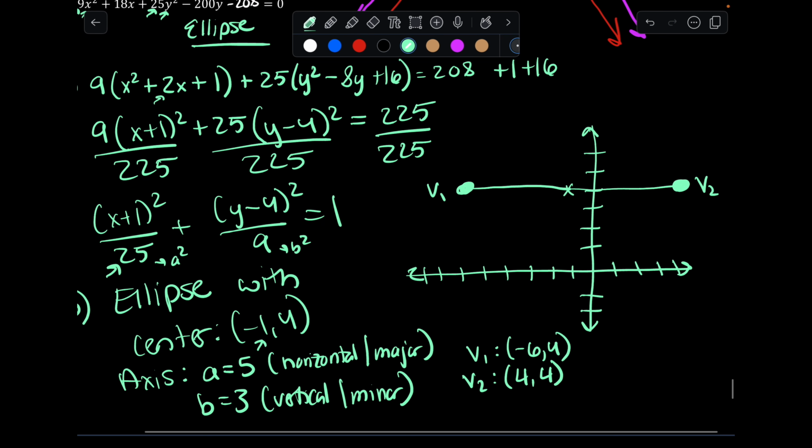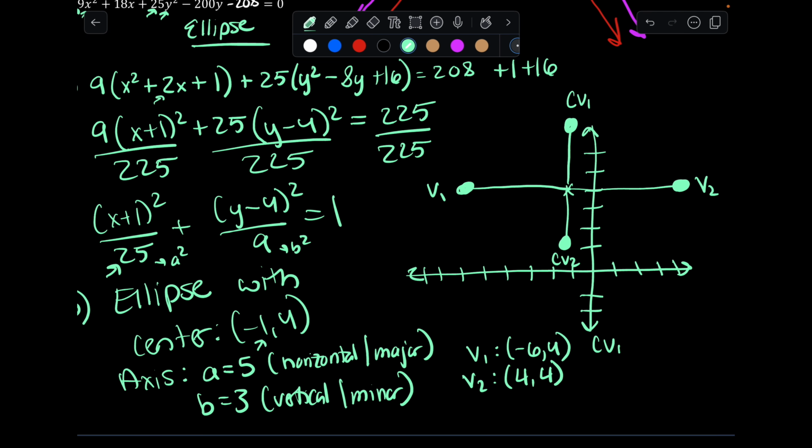Now vertically, we're going to go down 3 and up 3. So I'll go down to here, and then I'll go up to here. I list covertices top to bottom, CV1 and then CV2. CV1 is in line with the center, so it's at -1, but then we start at 4 for the center and add 3 because we went up 3.